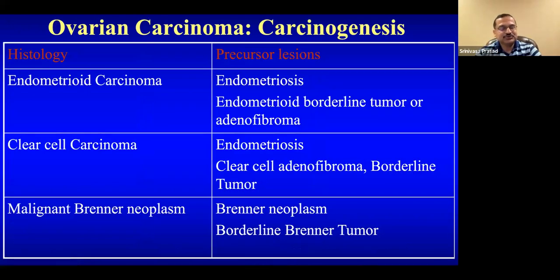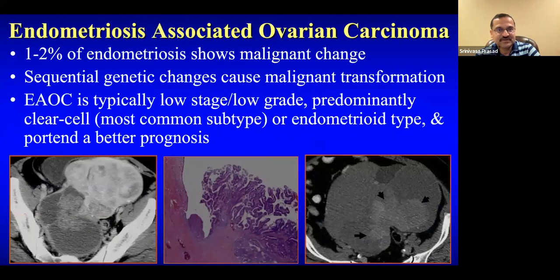And moving on, we are done with the mucinous and the serous cancers, and now on to the so-called endometriosis-associated cancers. So the longer the endometriosis stays within the body, the larger it becomes, the more there is a risk for malignant degeneration.